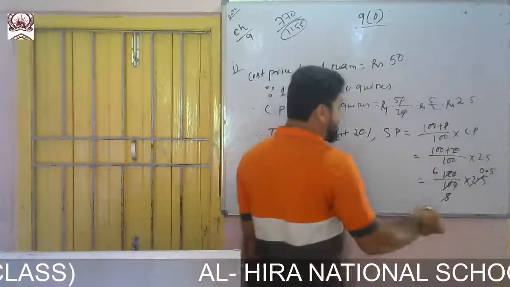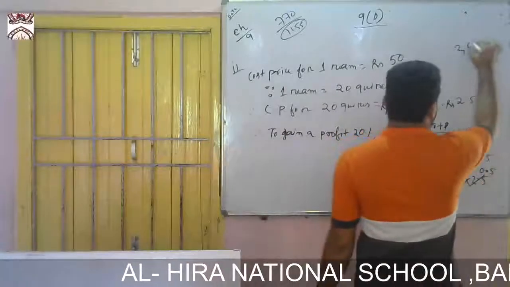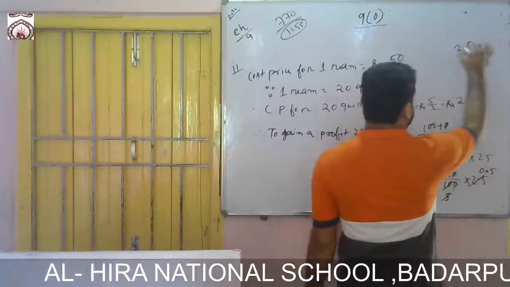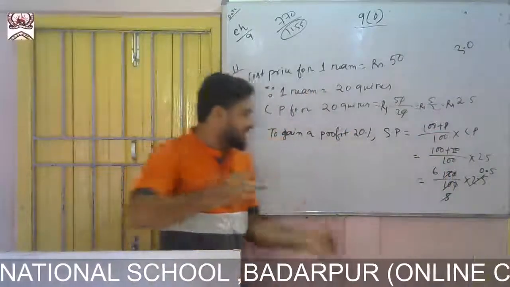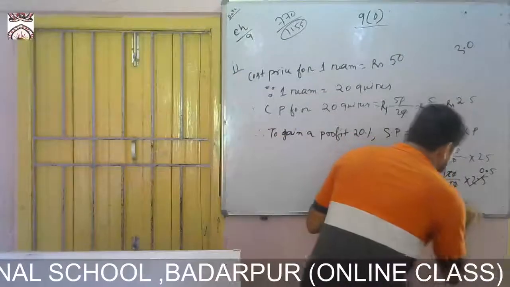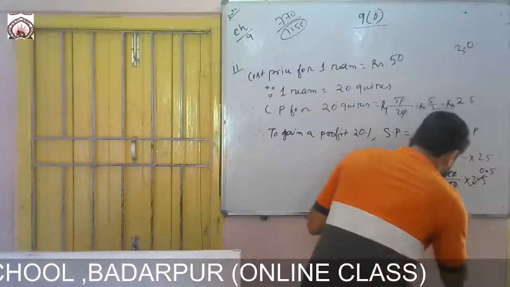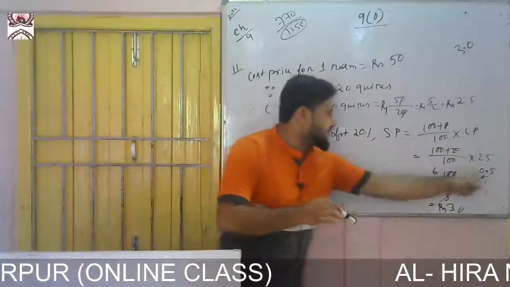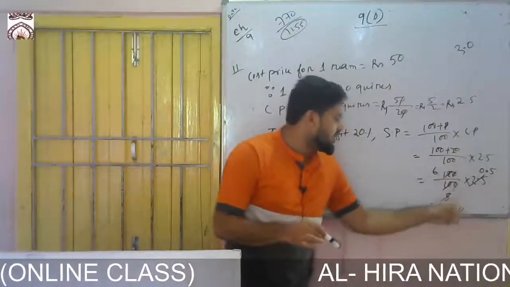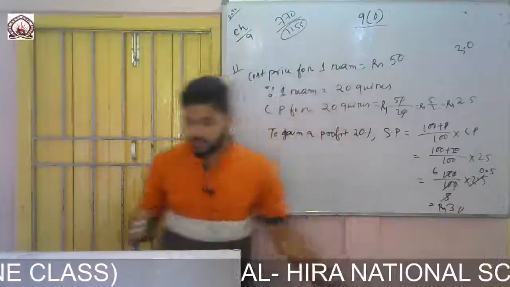Now 6 into 0.5 is 30, and with one decimal point it is 3.0, which is 3. So the answer is rupees 3 only.